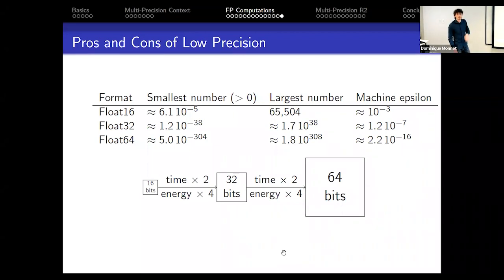Yeah. Question, how is that? Is it the cost of switching? Oh no, it's the cost of doing one operation with this format. So one operation costs twice as much time and four times as much energy. So that's cheap, but you don't have great precision.